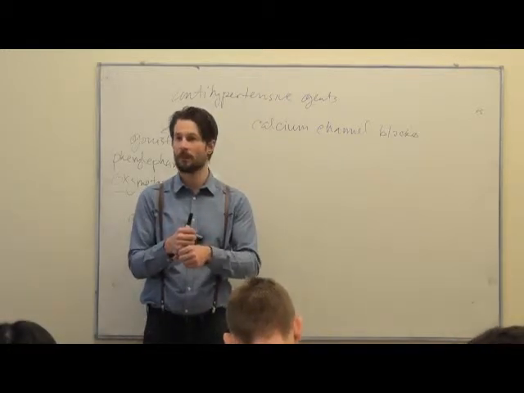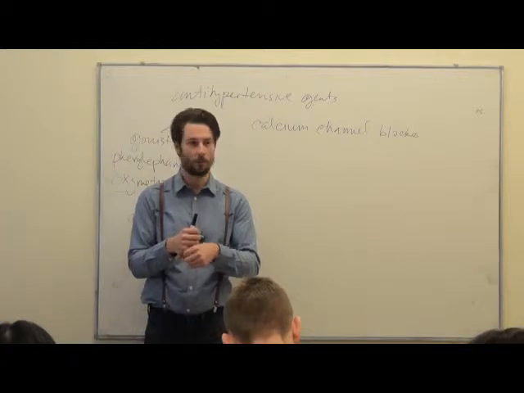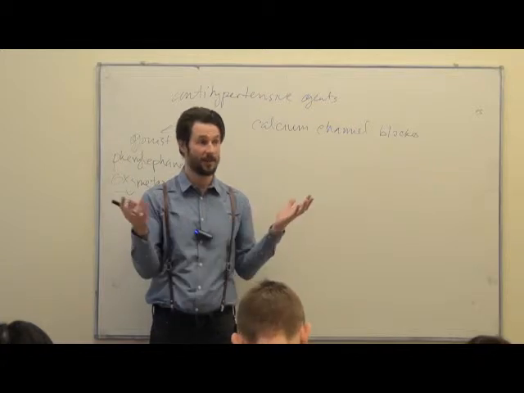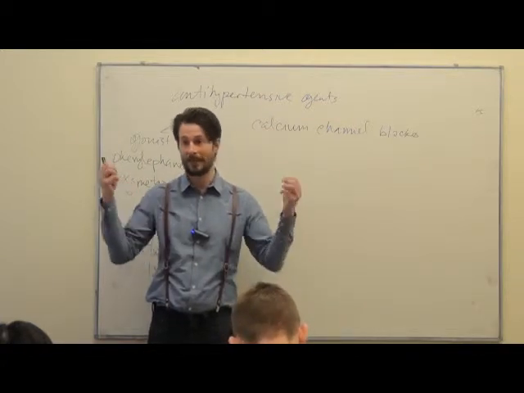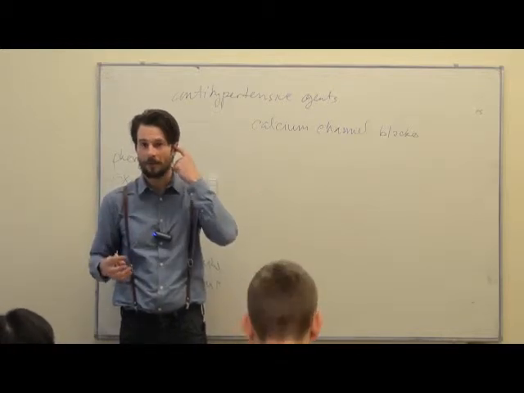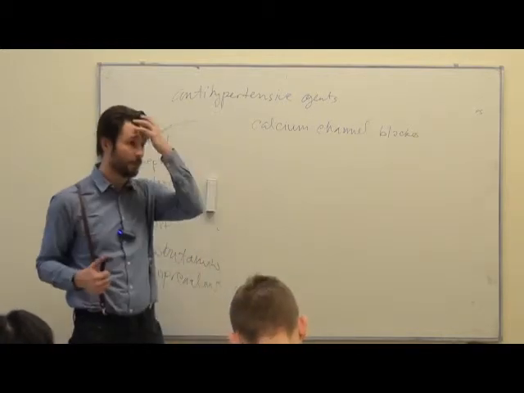Does it make sense? We use calcium channel blockers, we relax blood vessels, and we can decrease the activity of the heart by a similar mechanism because they both need extracellular calcium in order to contract. Okay? So this is what calcium channel blockers are for.